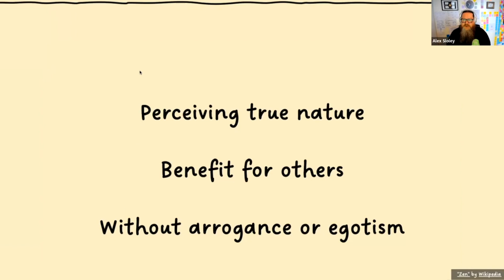Zen says that you perceive the true nature of things. Not only do you benefit yourself by perceiving true nature, but it benefits others. And in the process of perceiving true nature, you do it without arrogance or egotism.